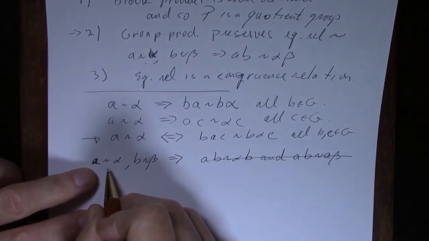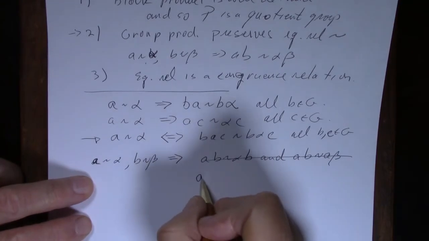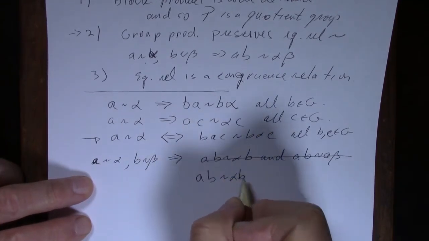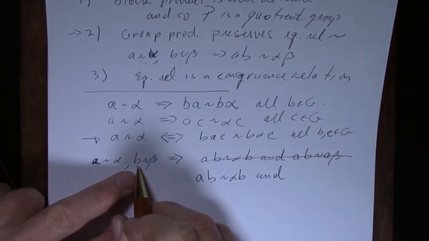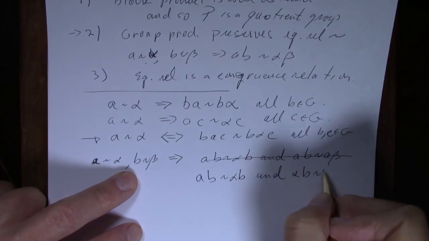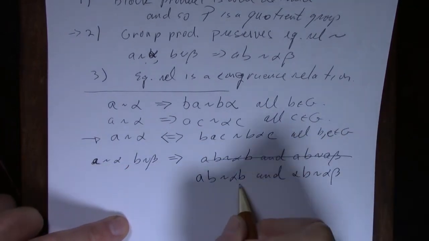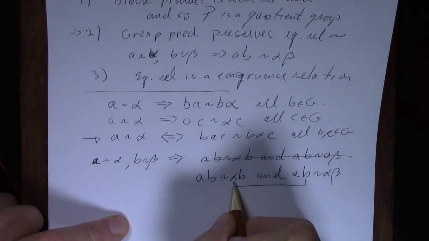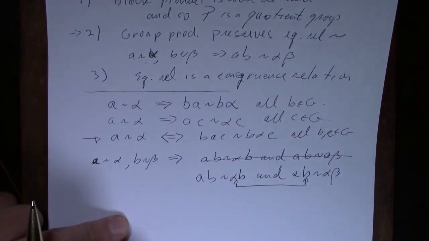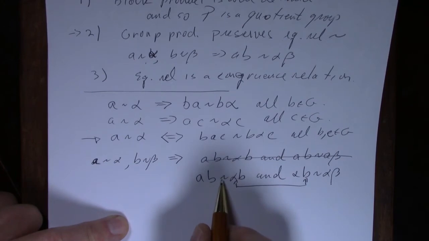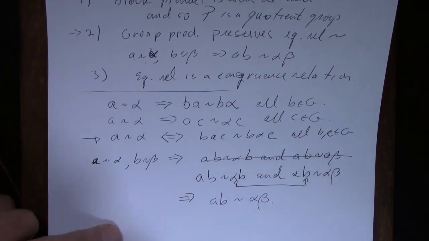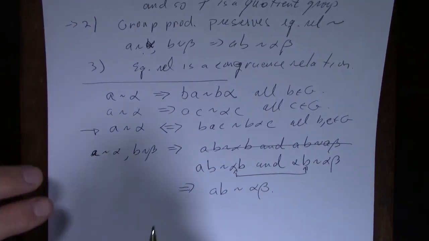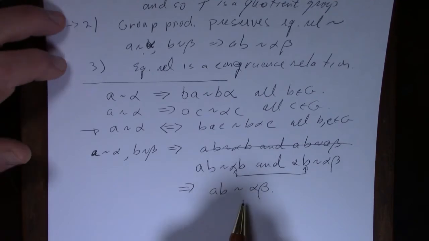I want to post-multiply this one by B, AB alpha B, and I want to produce alpha B here, so I pre-multiply by alpha. There we go. Now, these two are the same, and so by transitivity of the equivalence relation, AB is equivalent to alpha beta. Okay. And that is preservation of the equivalence relation under the group product.